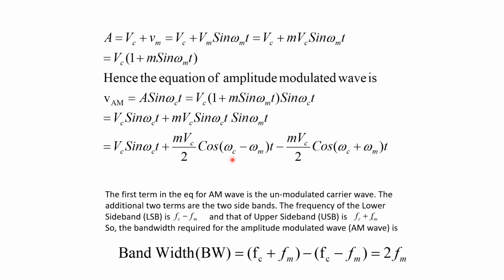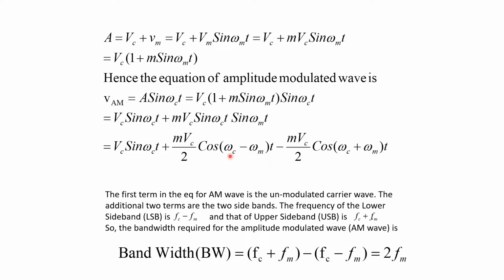The first term contains the frequency omega c minus omega m, and the second term contains the frequency omega c plus omega m. Therefore, in the unmodulated carrier wave, two additional terms are added, and these two terms correspond to two side bands which are present in the amplitude modulated wave.